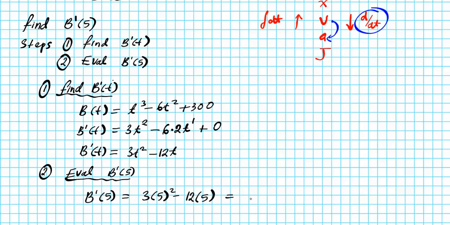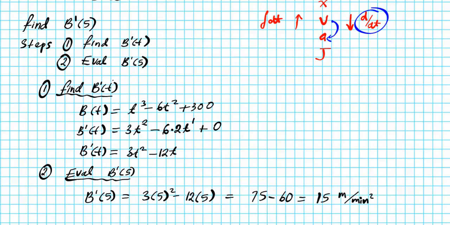So we have 5 squared is 25 times 3, 75 minus 12 times 5, which is 60. And now you have 15. Unit of acceleration is distance per time squared, so it's meters for the distance per minute squared for the time. Okay, let's box our final answer.